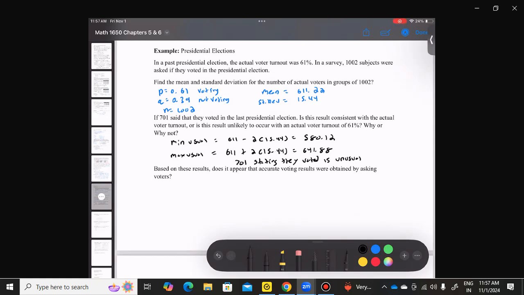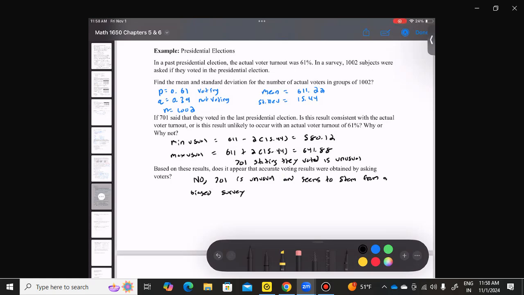So based on these results, does it appear that the accurate voting results were obtained? The answer is no. 701 is unusual, and seems to stem from a biased survey.